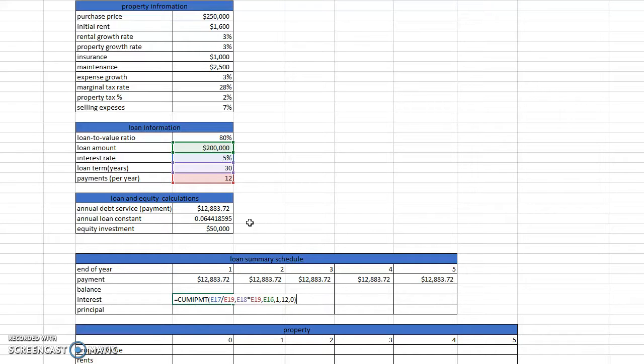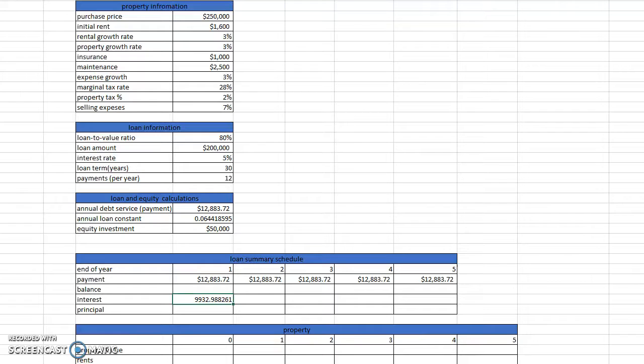Multiply that by a -1, so it'll be positive. And that should give us the interest for the first year.